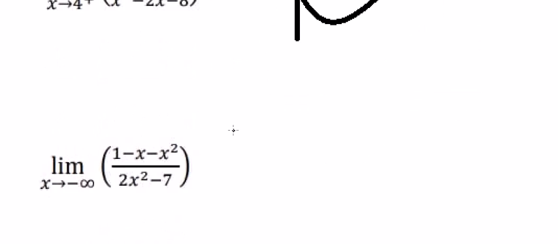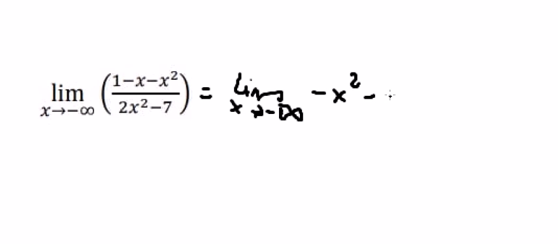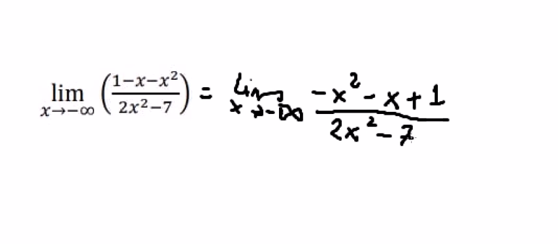Now let's go to the next one. So we have x going to negative infinity, and here we have x squared, so we can put negative x squared minus x plus 1 divided by 2x squared minus 7.